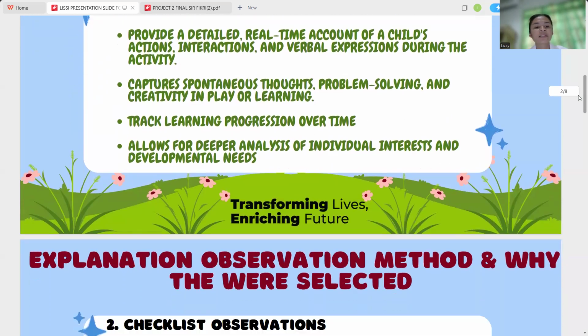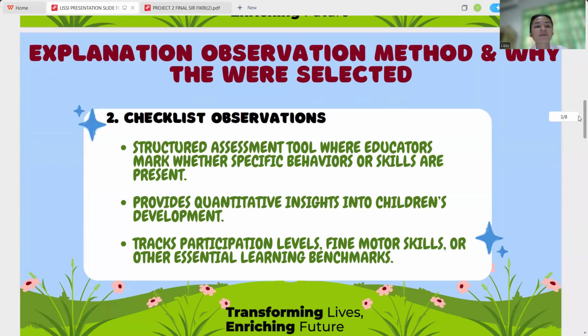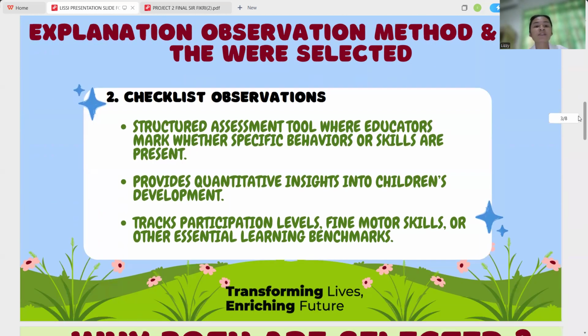For the second method that I chose, which is the checklist observation, the first point is that it is a structured assessment tool where educators mark whether specific behaviors or skills are present. It also provides quantitative insight into children's development.